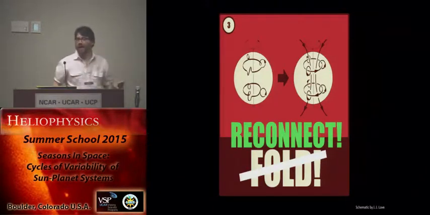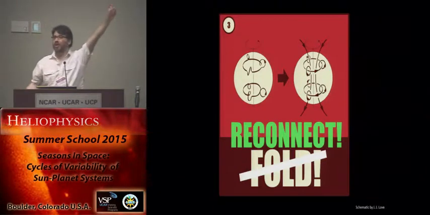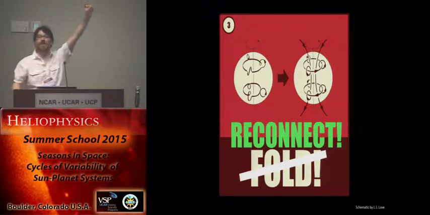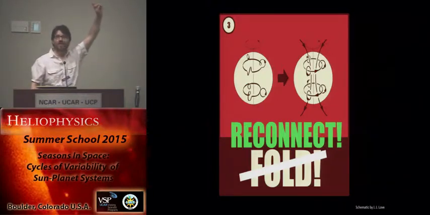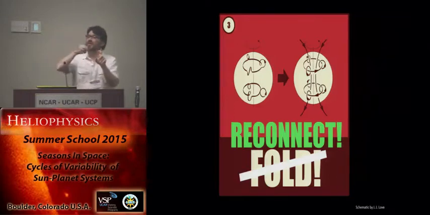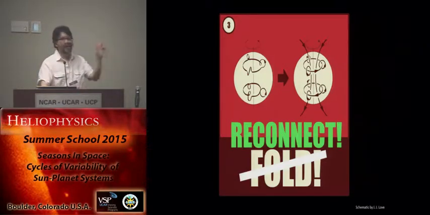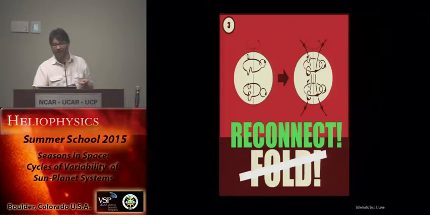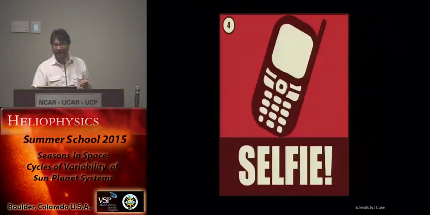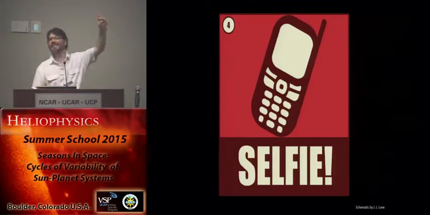Now you have a large-scale poloidal field, right? So through the creation of these twisted folds and the reconnection, you have created a poloidal field again. So this is your three-dimensional stellar kinematic dynamo simulation. So take a selfie with your great dynamo.